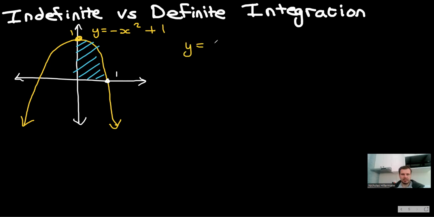So we say y equals, what happens? We add 1 to the power. So let's just say the integral of y is negative x cubed over 3, so negative a third x cubed. The integral of 1 is x.